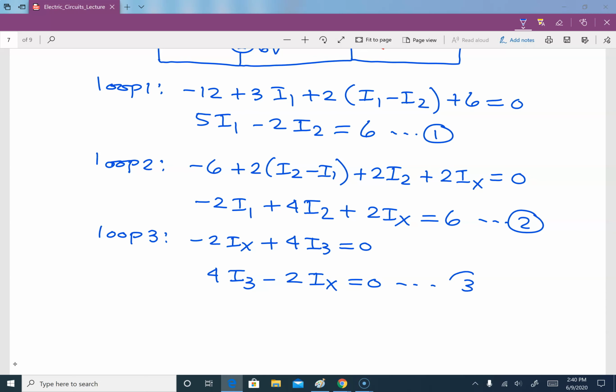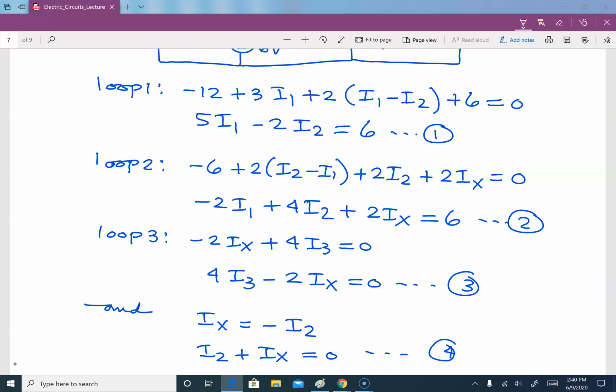And this is our third equation. And now since we have a dependent source, we need one more equation, which is the controlling variable Ix, and Ix is equal to negative I2. From that, we can write I2 plus Ix is equal to 0. And this is our fourth equation.